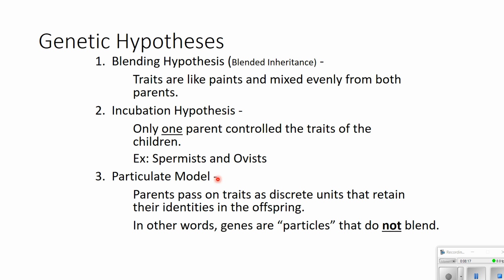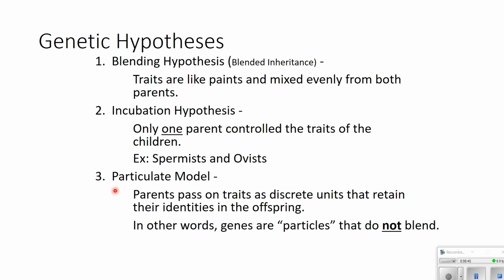The one that turns out to be correct is the particulate model. And I'm going to show you how we know it to be correct. The particulate model says that when parents pass down their traits to their children, what they are actually passing down are discrete units, particles, that retain their identities. They don't blend together.